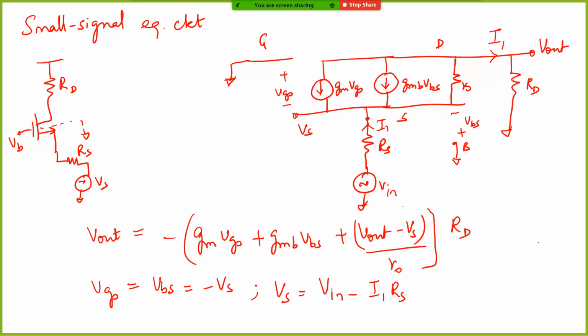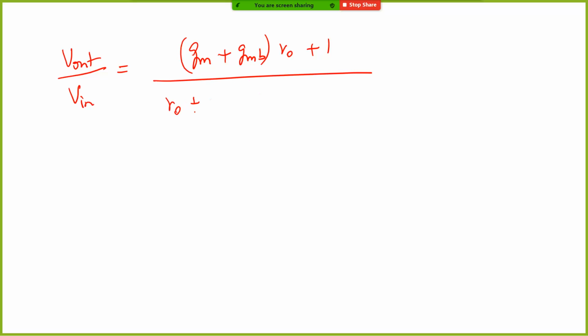So you substitute and then do some algebraic manipulation. You basically get V out by V in in this case being equal to (Gm plus Gmb times R naught plus 1) divided by (R naught plus (Gm plus Gmb) times R naught times Rs plus Rs plus Rd). So this is the exact expression that you would get.